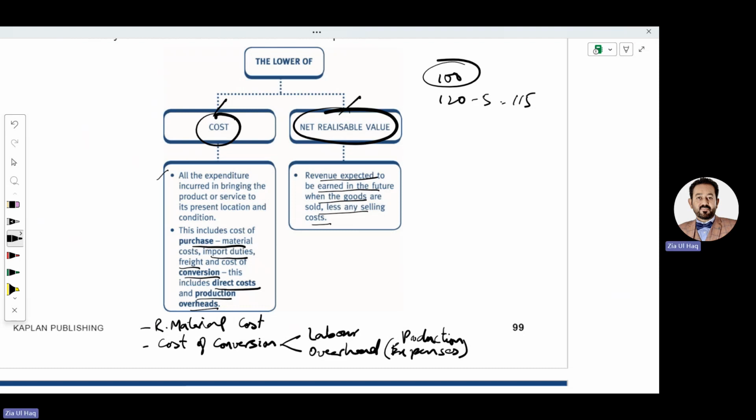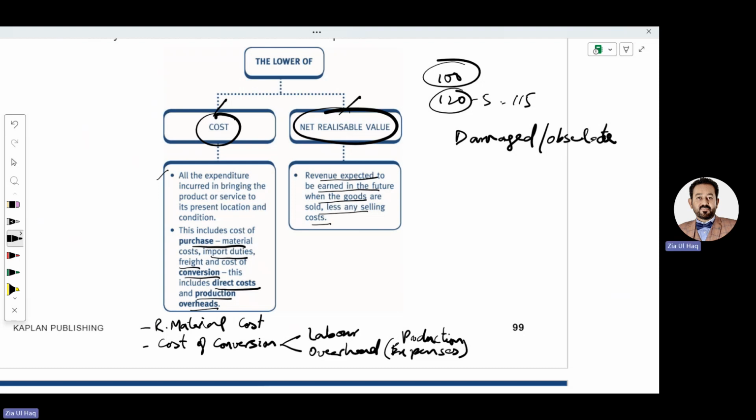But there are some items that are damaged, obsolete, or out of fashion. Can you sell them for 120? No. Might be you can sell them for 50. Discount.